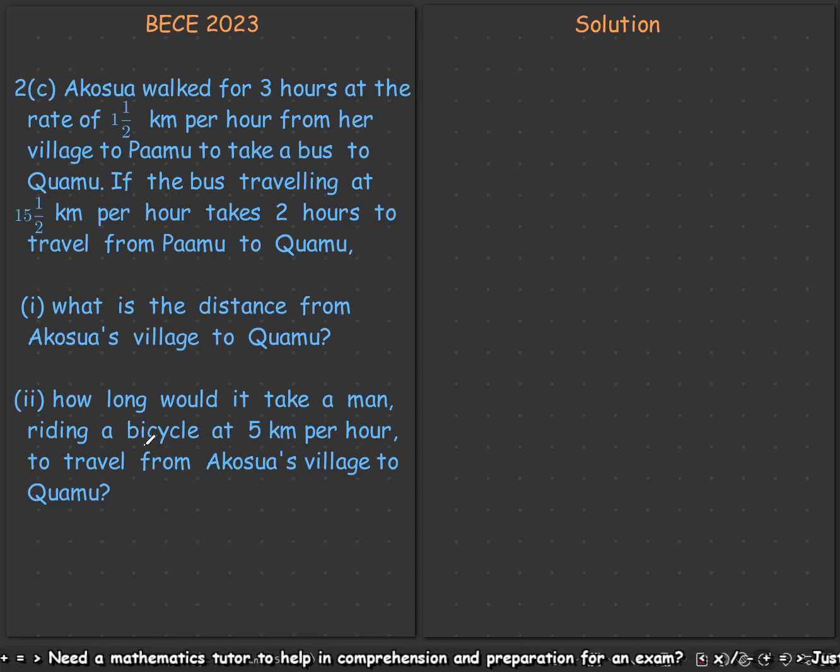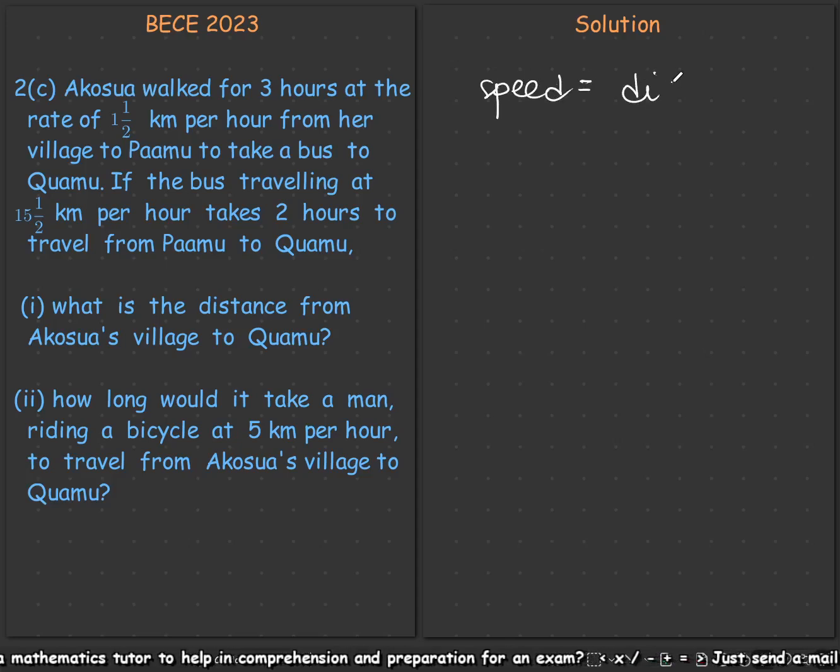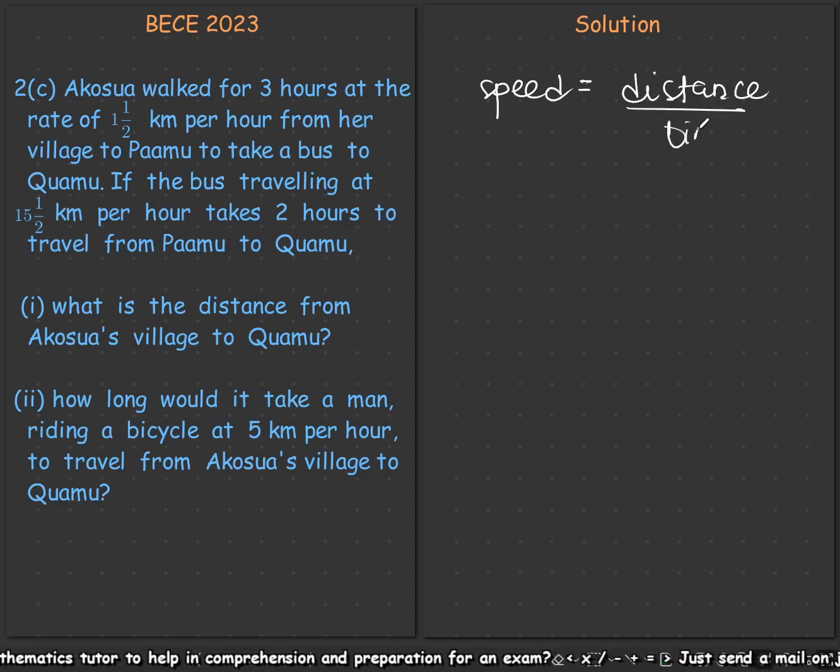How do we go about this? Now there are two ways you can solve this. For the very first one, we know velocity or speed. So speed is equal to what? Distance over time.